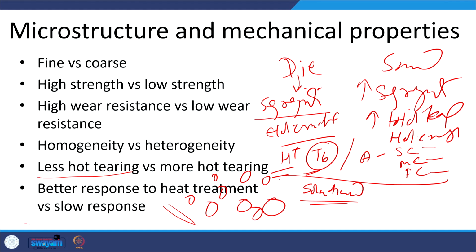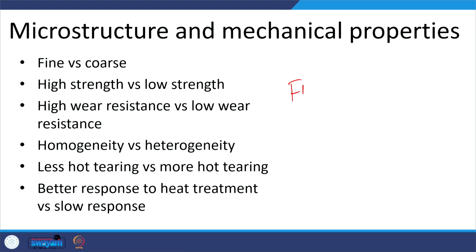If we have a fine grain structure, it is easier to break and dissolve, and the phases become unstable easily. So our solutionizing time or austenitization time will be less.